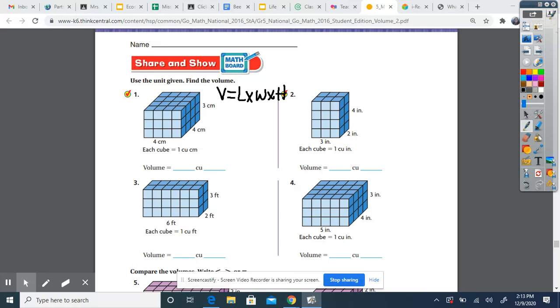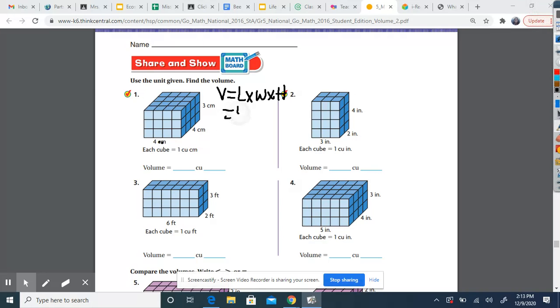So my length on number 1 is 4 centimeters. So I will put a 4 here, times my width is also 4. So I put another 4, times height, which we can see right here, our height is 3.